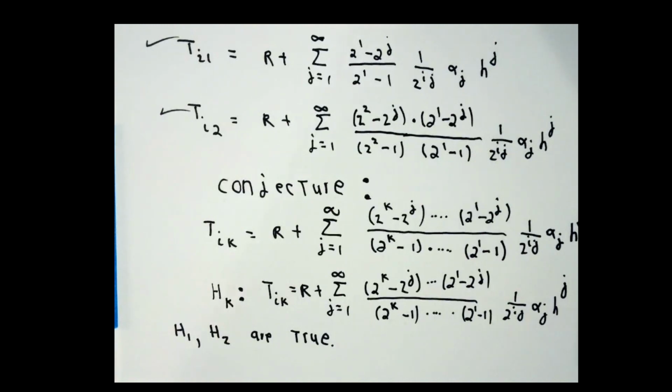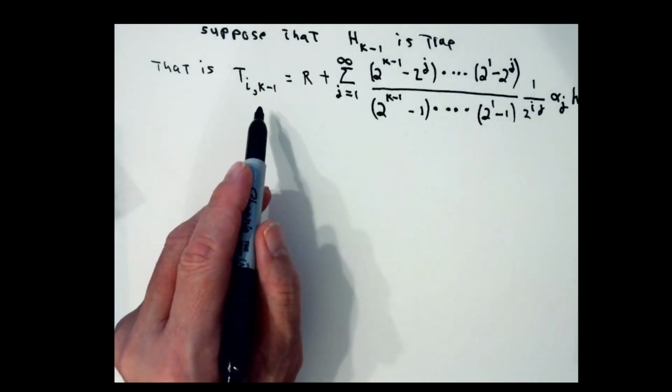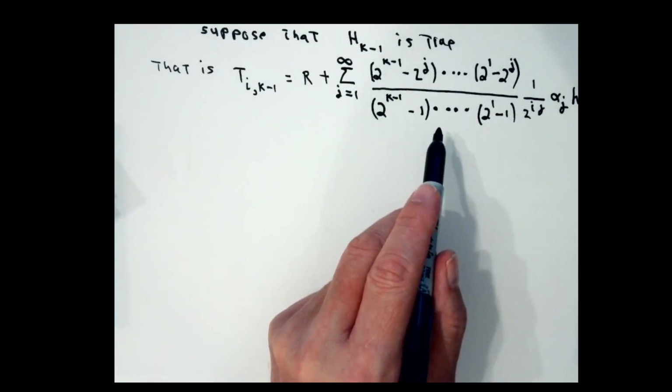The way I have my formulas written here, it'll be more convenient for me to think about what happens when I calculate T_ik in terms of numbers from the preceding column, the one where the second index is k minus 1. So let's suppose that hypothesis k minus 1 is true. What that means is that T_i,k-1 can be calculated using this conjectural formula that we just had.